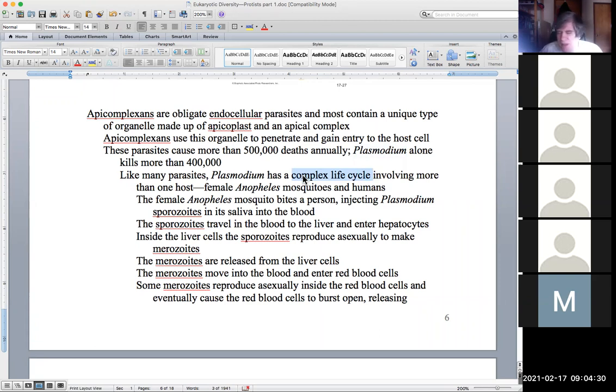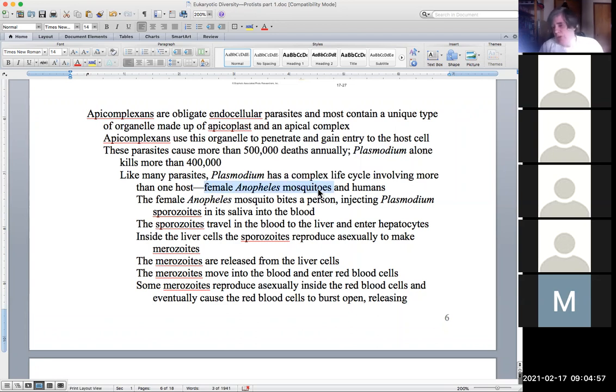And they have a life cycle that involves several different stages that we could look at under a microscope or sometimes even without a microscope and distinguish. In the case of Plasmodium, Plasmodium's second host is a mosquito of the genus Anopheles. And it's only females that Plasmodium lives in.